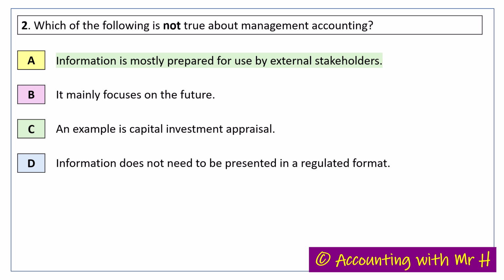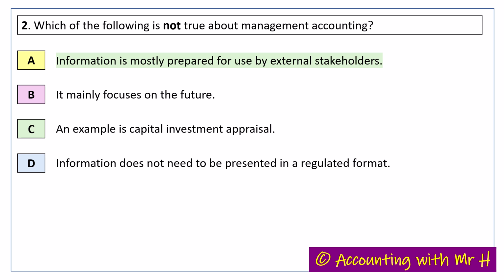Question 2. This is in section 1, the differences between financial accounting and management accounting. Management accounting is mainly for the use of internal stakeholders, which is why the answer is A, because that isn't true. Sometimes some of it, such as a forecast income statement, might be shared externally, but the majority of what's done in management accounting is used by internal stakeholders, mainly by managers and decision makers.